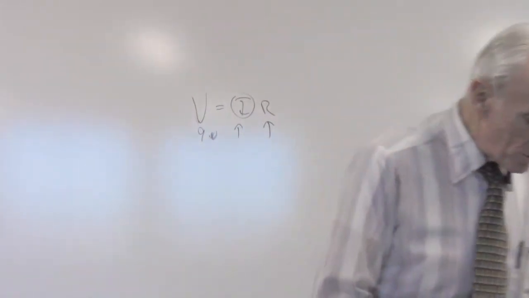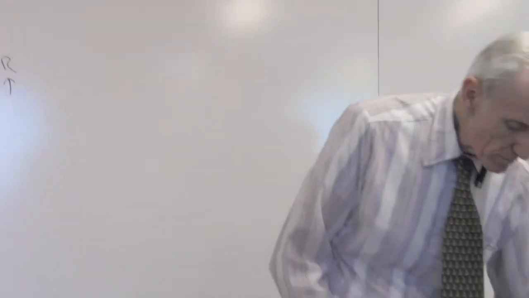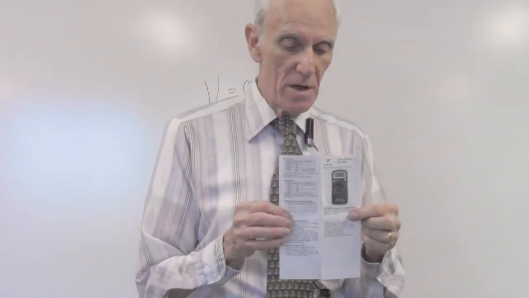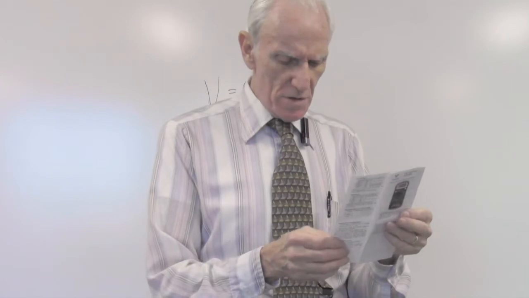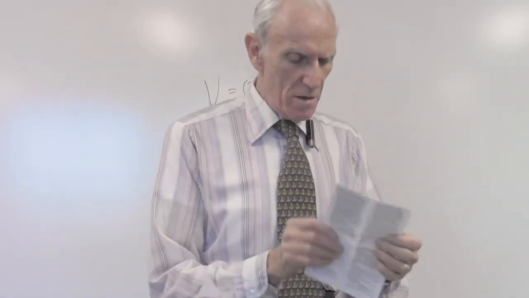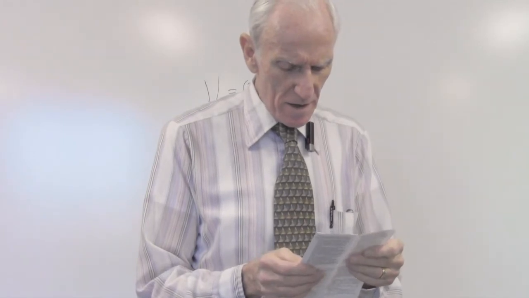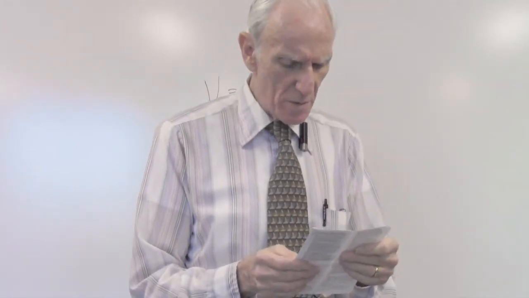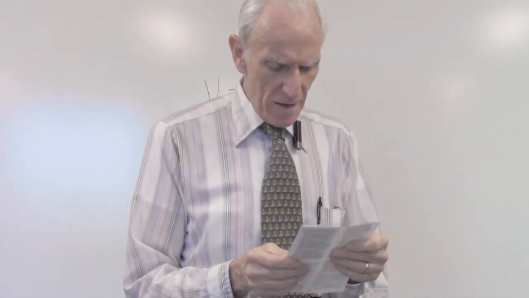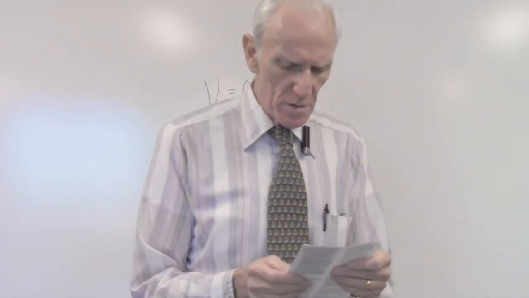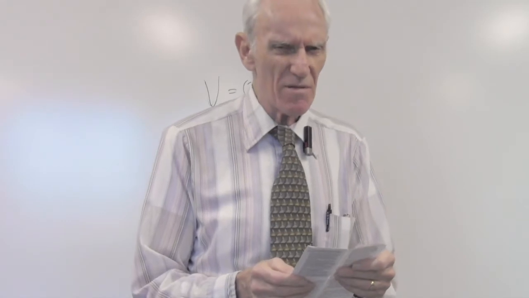Okay. So if you read the little owner's manual of this meter, and you look up the resistance scale, which is here, you will see that on all these scales, except the bottom one, which we're not on, it's 1% accurate, plus or minus 4D, whatever that means.